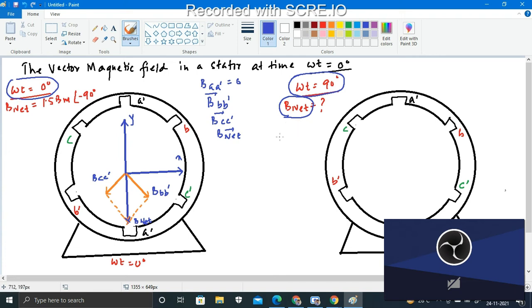Okay, so B of A is in phase with the x-axis, so we draw the B net values. So that is my B net.